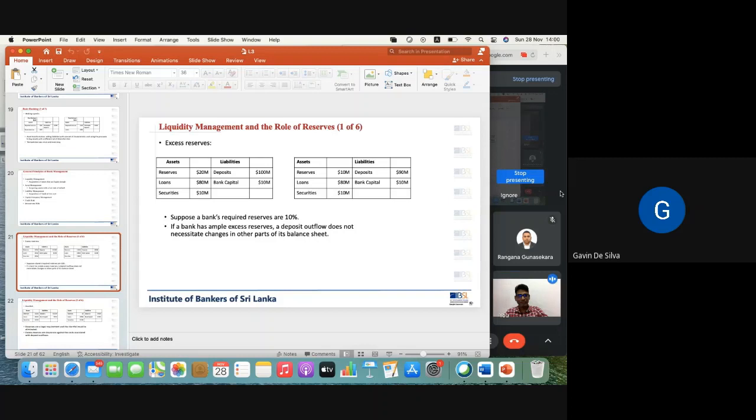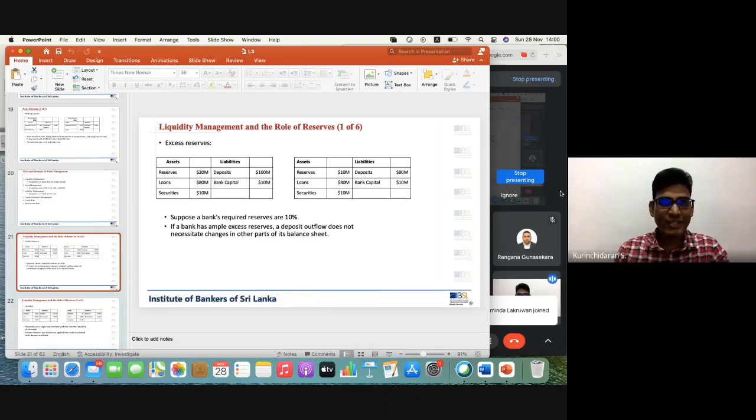Yes, it's clear. Okay, the first instance in liquidity management: you have excess reserves, right? Again and again, I remind you when I talk about reserves, it's a fund the bank keeps at the central bank. So you have the reserve account at the central bank, and that fund is with the central bank. Remember.